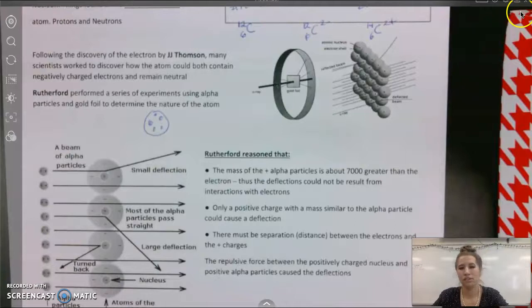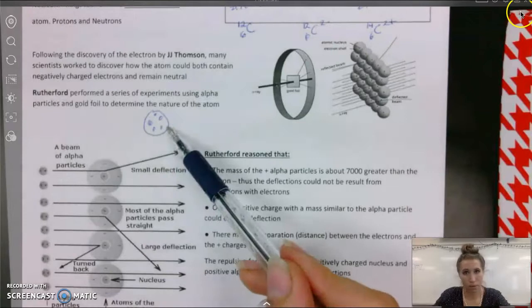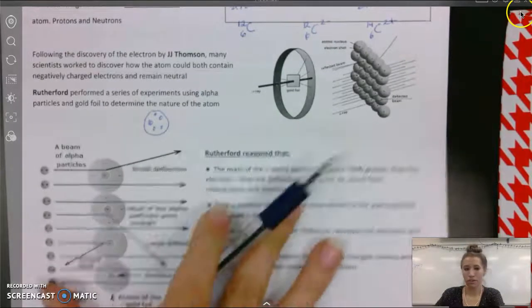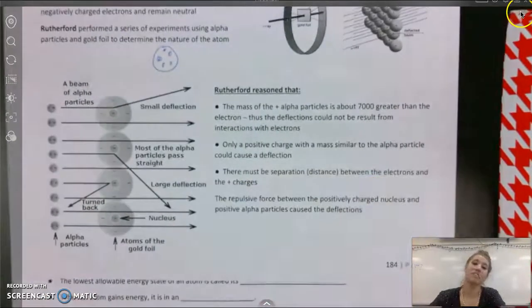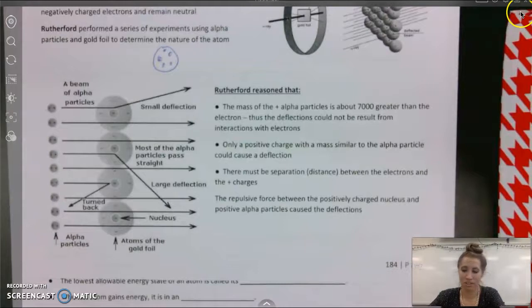And so what they did was they shot a stream of alpha particles at a very, very thin sheet of gold foil. And the expectation was that the alpha particles would all pass through the gold foil, supporting the plum pudding model. Now, although most of the alpha particles did go through the gold foil, something odd was recorded.